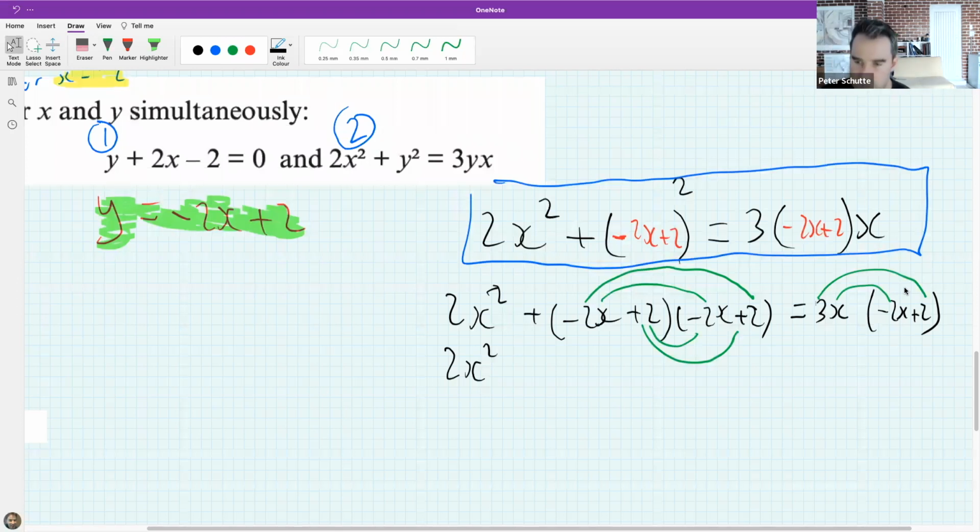So there's quite a lot of action going on here. We need to be careful we don't make a silly mistake. So let's see what we get to. Once you've got your standard form equation, just let me know in the chat. I want to see if we're all getting similar things.